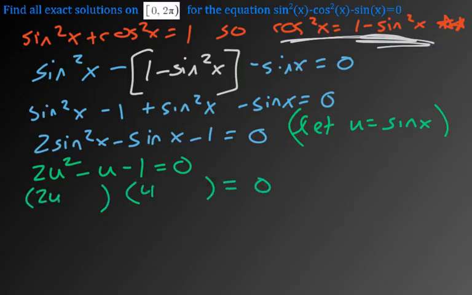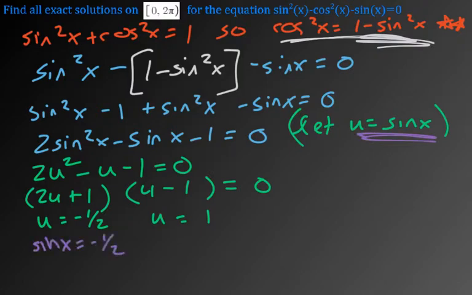So I want to get minus u in the middle, so that should probably be negative and that should be positive. So u is negative a half, u is 1, right? And then you just unsubstitute, right? Like using this, u is sine, so I'm basically solving when is sine of x equal to negative a half, and when is sine of x equal to 1.